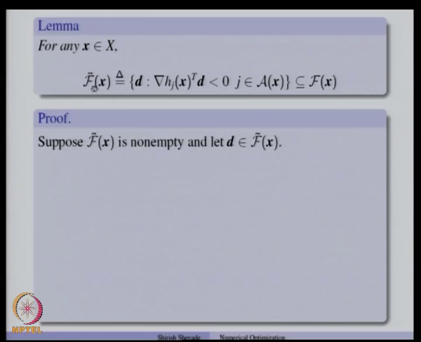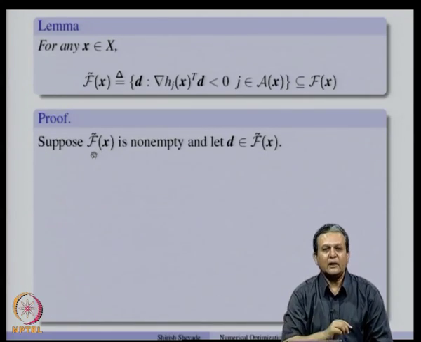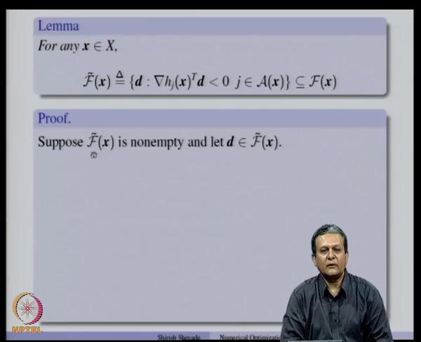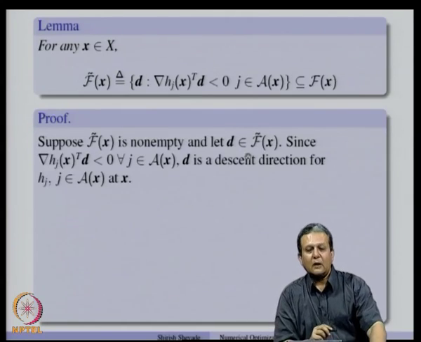So, the claim is that f tilde x is a subset of f of x. Now, what we have to show is that if we take any vector d which is in f tilde x, that vector d is also in the set f of x. So, let f tilde x be non-empty, so that there exists some non-zero direction d in f tilde x.